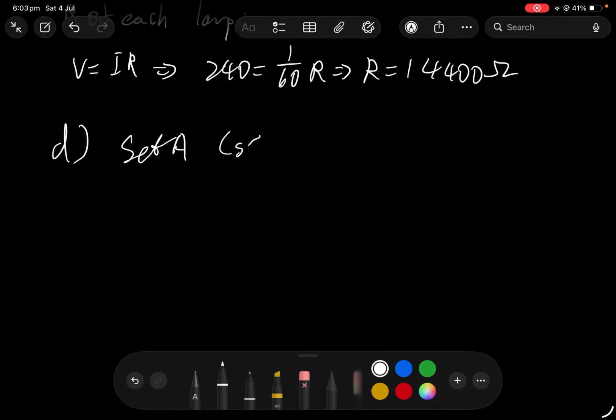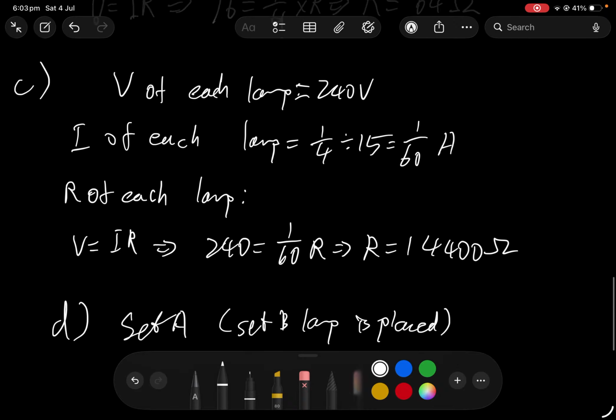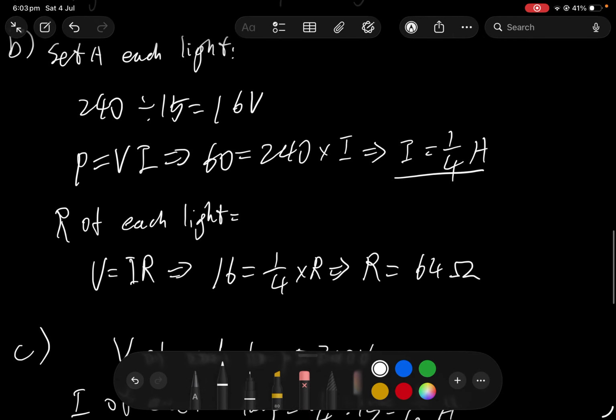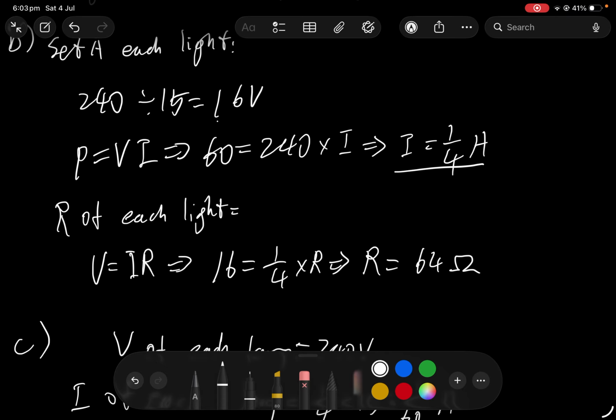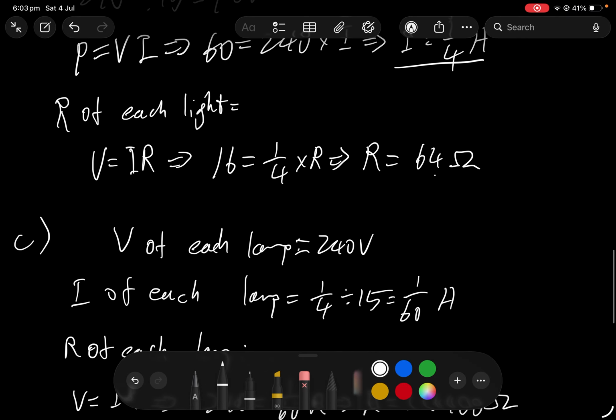So a set B lamp is placed. In set A, we know that each lamp is at 64 ohms.